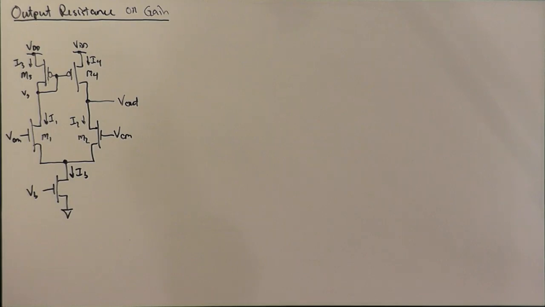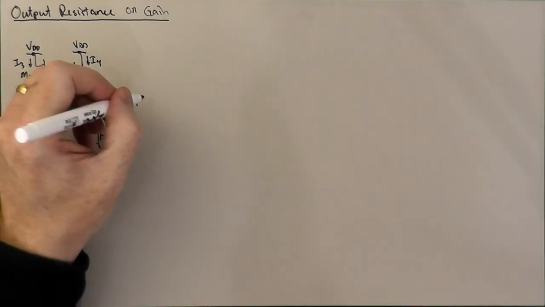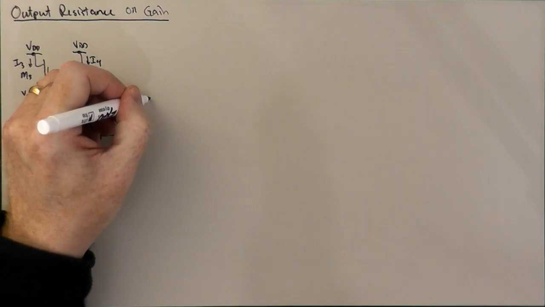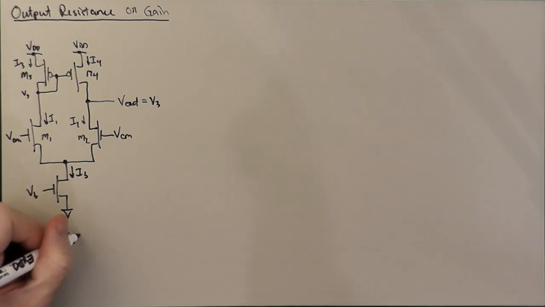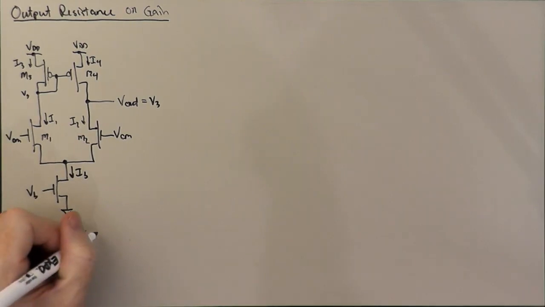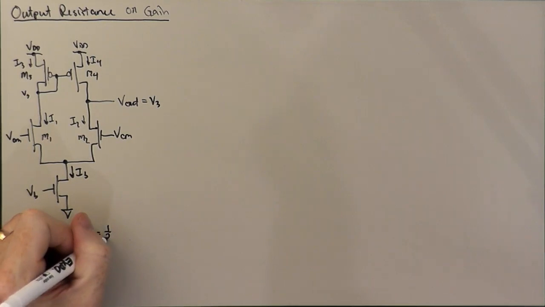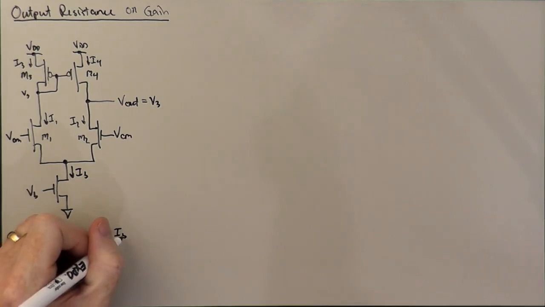And in this balanced state, we know that V out is going to equal V3. And we know that I1 equals I2 equals I3 equals I4. It's going to be equal to basically half of the bias current IB.